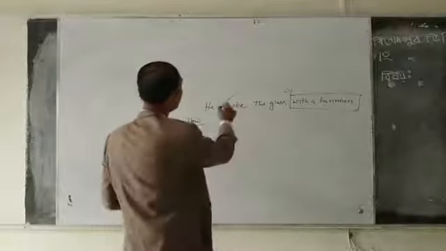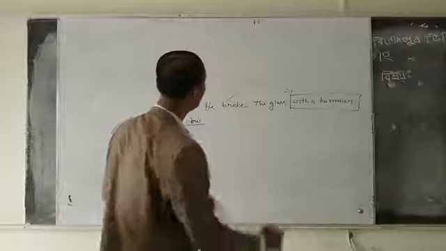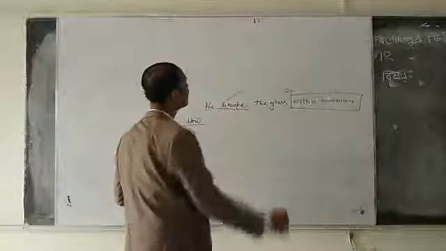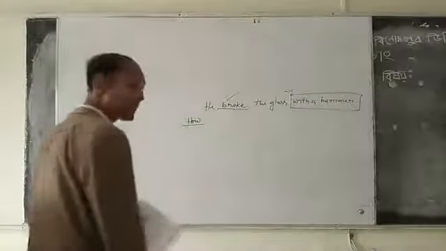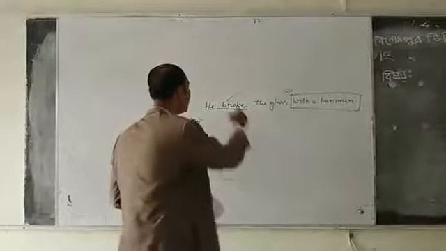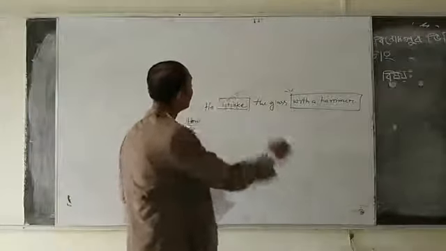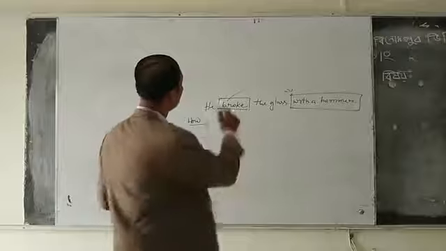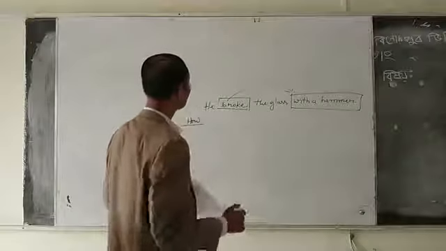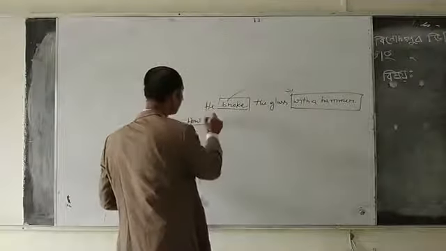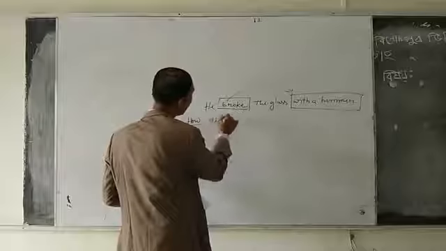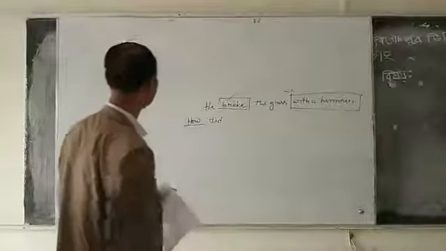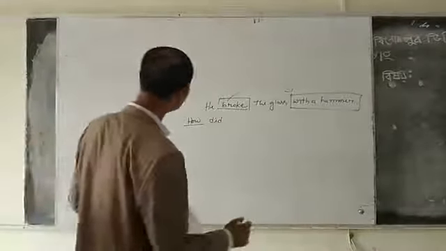As there is no auxiliary verb in the sentence, we will choose auxiliary verb on the basis of main verb. As the main verb is in past form, so we will use did as an auxiliary verb. Okay? How did?